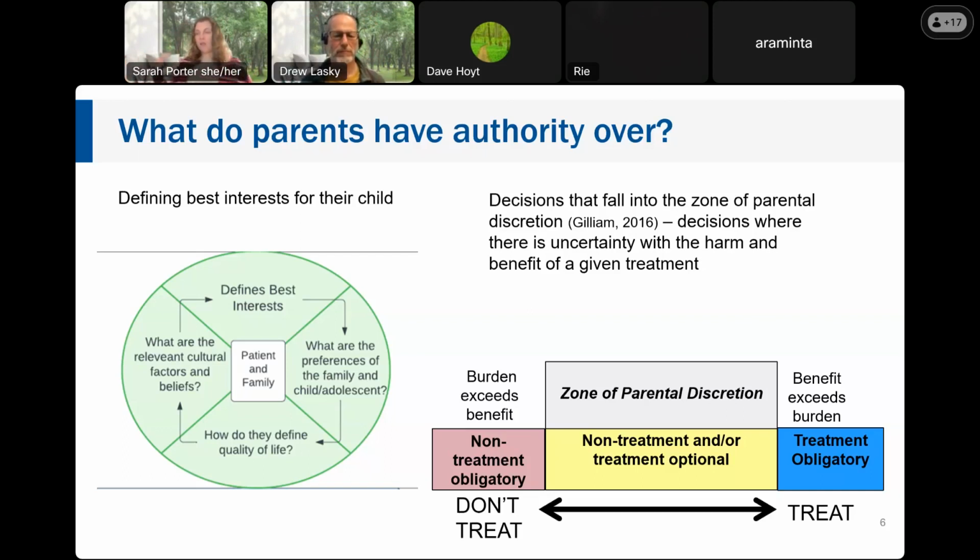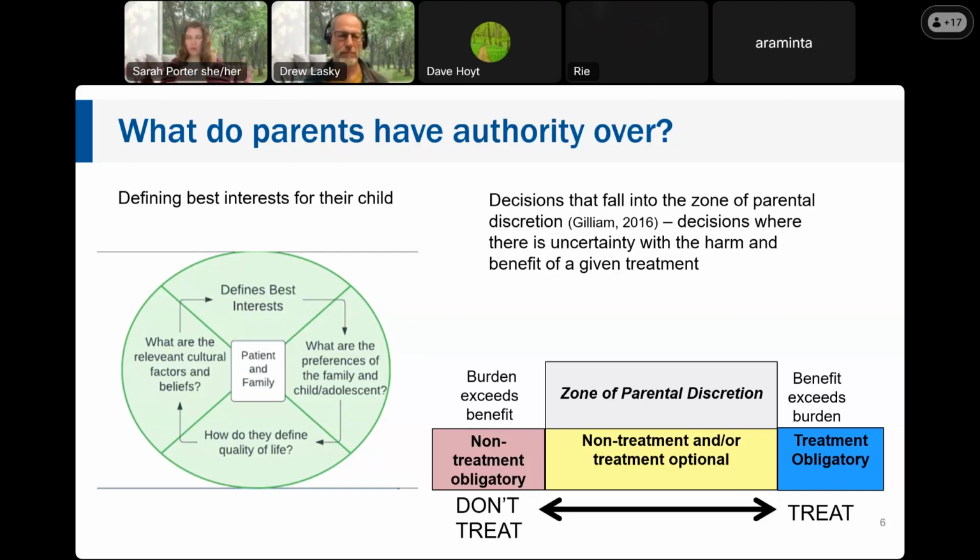That's where there's significant benefit, maybe minimal concern for harm, the benefit is clear to all people involved, and treatment's obligatory at that point. On the other side, we have the space where treatment's not obligatory, where all treatment is going to do is harm and not provide any benefit, and we don't provide that treatment.